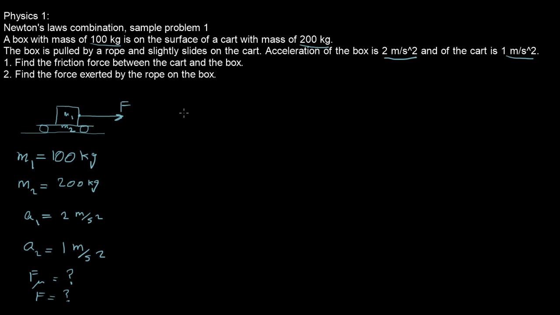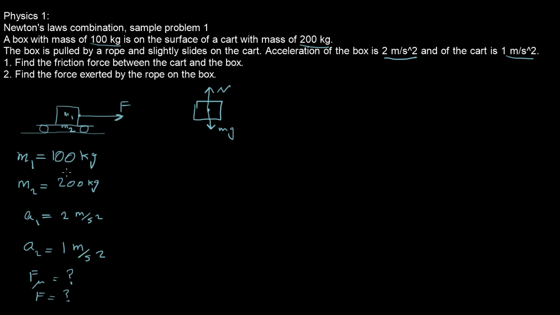The very first thing to do when we are going to use Newton's laws is to draw all the forces on the objects. So let's say this is the box. The first force to write is usually gravity, and the direction is downward. Then the surface of the cart exerts a normal force on the box toward up.